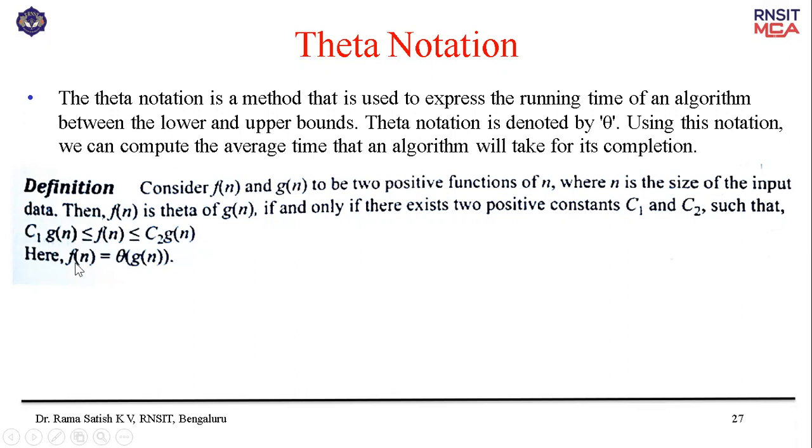So you have to consider the lower bound, the upper bound, and in between. Then you should call it f of n is equal to theta of g of n. Like this, you have to just write it.